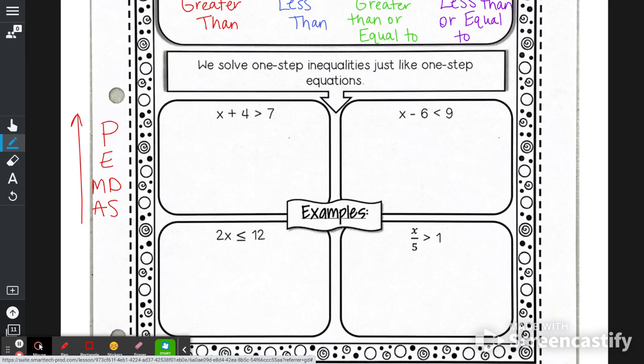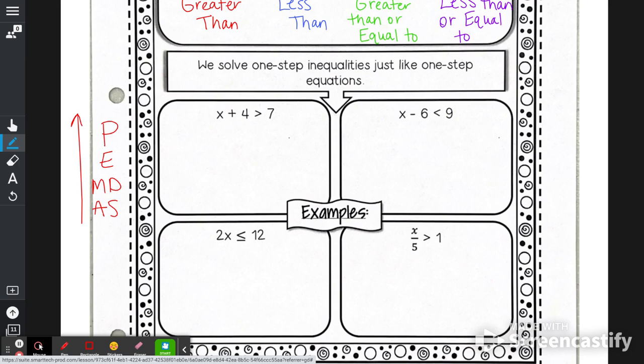Okay? So looking at x plus 4 is greater than 7. You start from the bottom and you say, well, do we have anything that is being added or subtracted to that variable? What is happening to that variable? X is being added to 4. Okay, we have 4 being added to x. Perfect. Now, keep in mind, remember our scale?